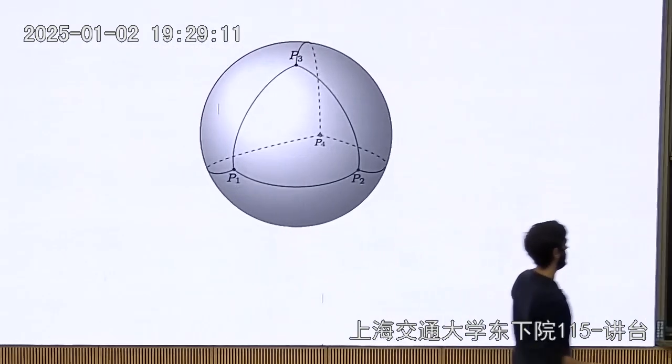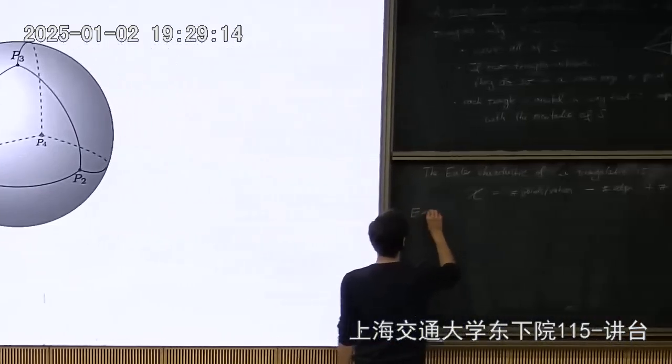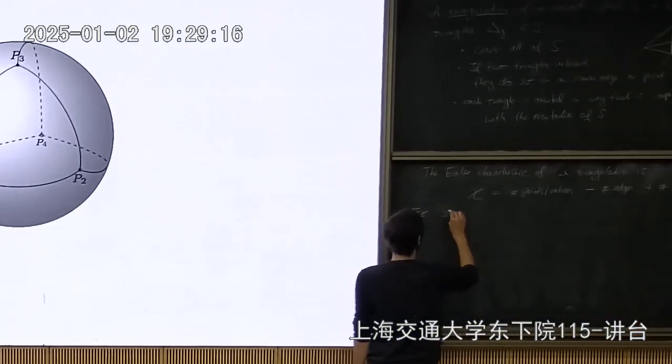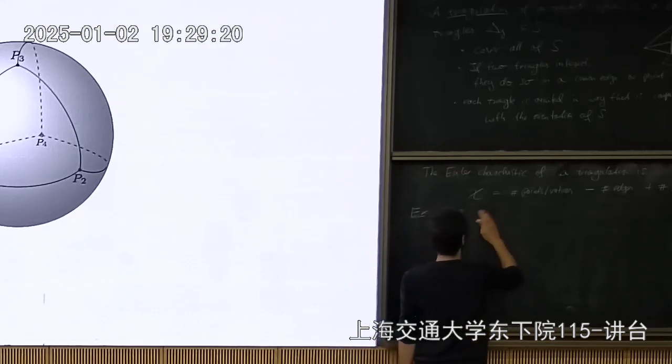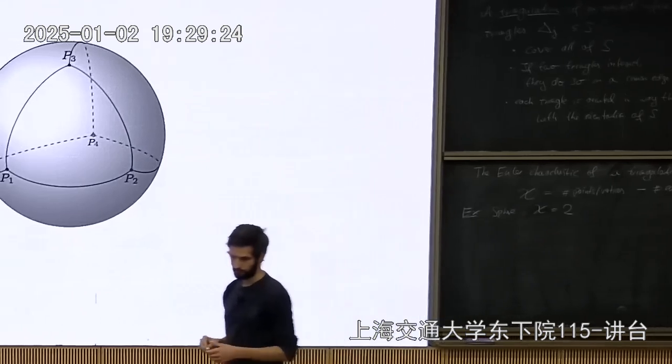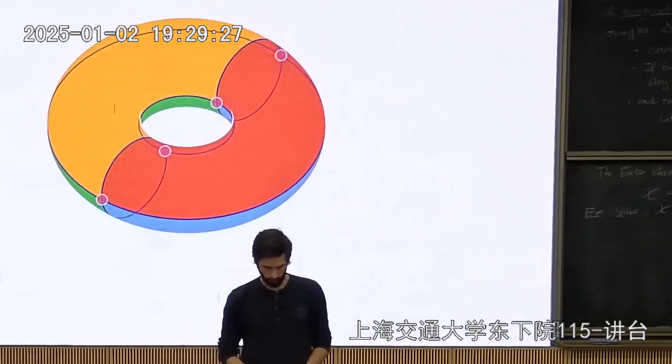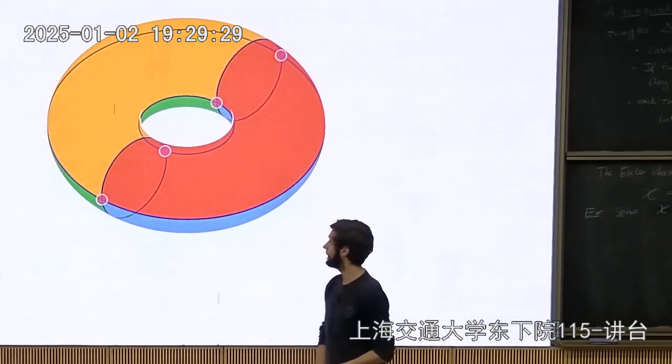So as an example, based on this calculation, the sphere has Euler characteristic of 2. So what do we do for the torus?